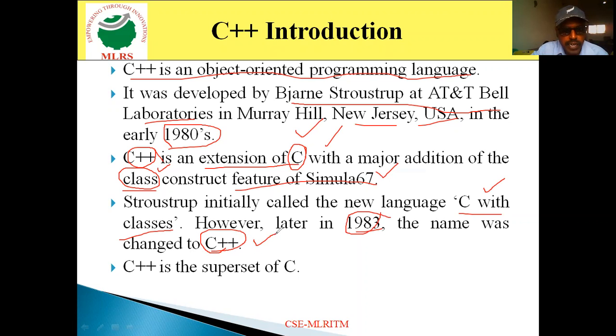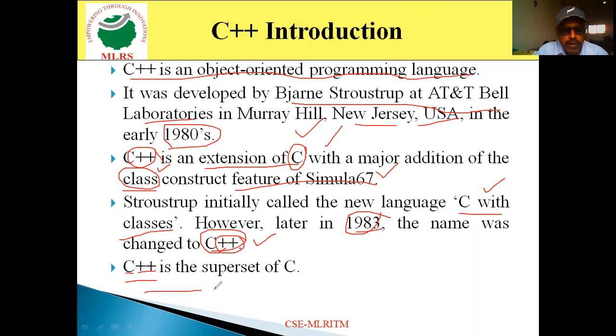So C++ indicates he took the plus operator from C language, which indicates increment. It increments the value by 1. C++ is nothing but the incremented version of C. To indicate that C++ is the increment version of C, he placed the plus operator after C, which results in C++.